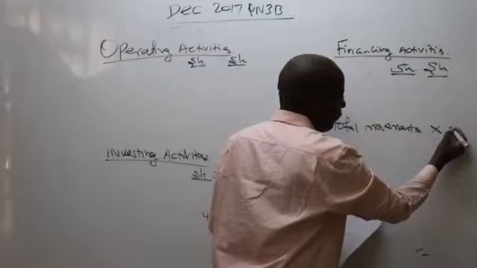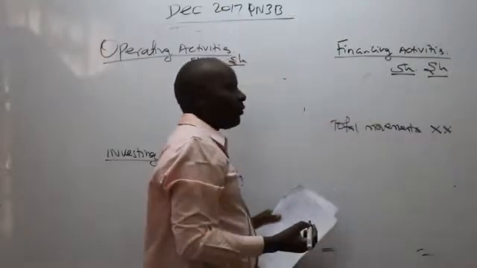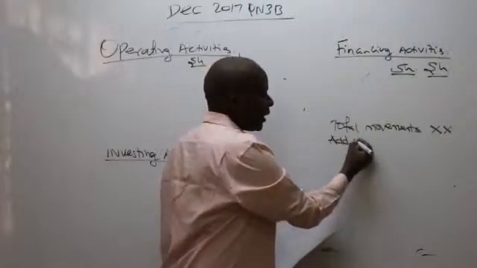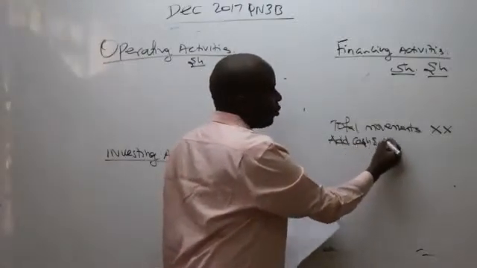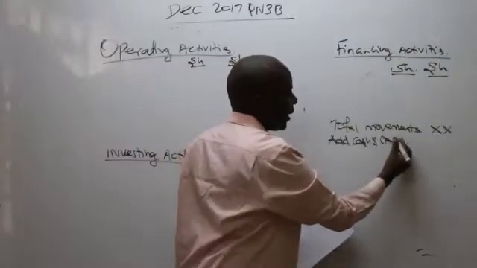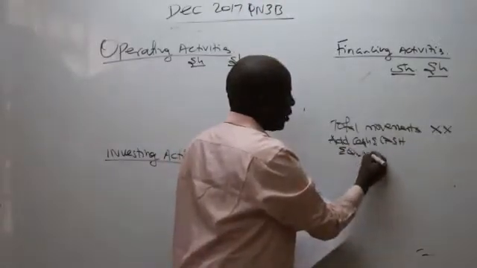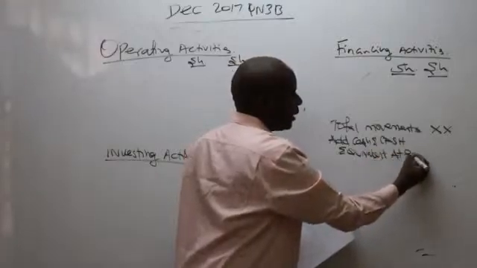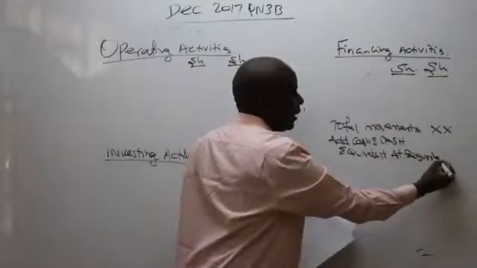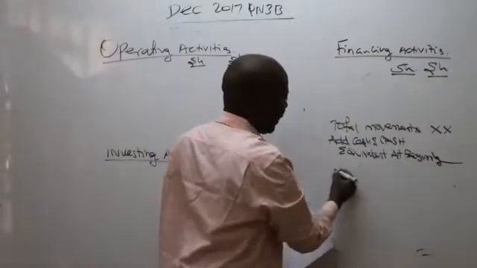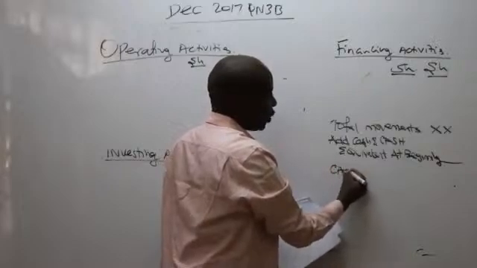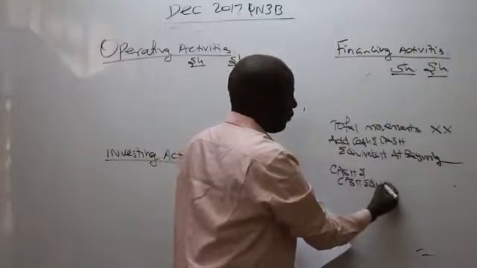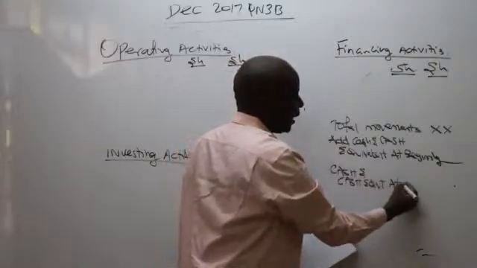Then I add cash and the cash equivalents at the beginning, brought forward. The moment I add, I should be able to get the cash and the cash equivalents at the end.